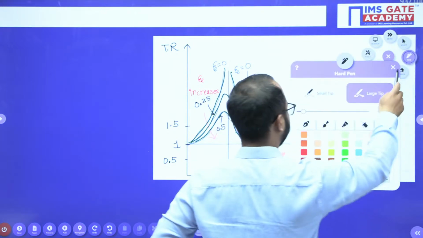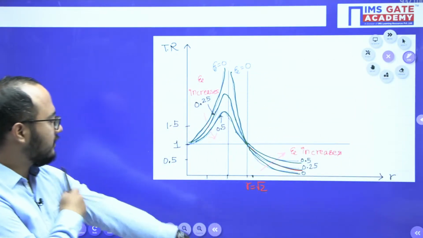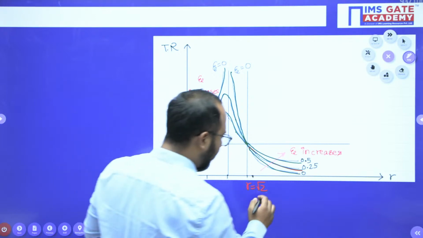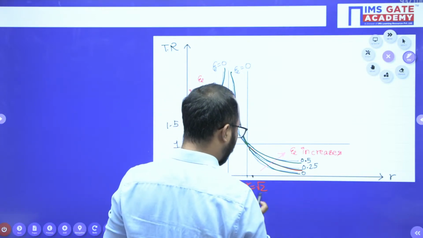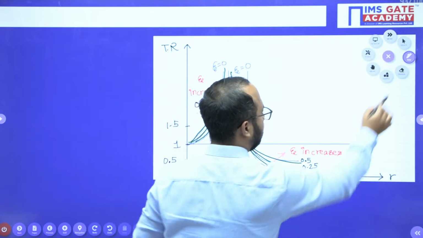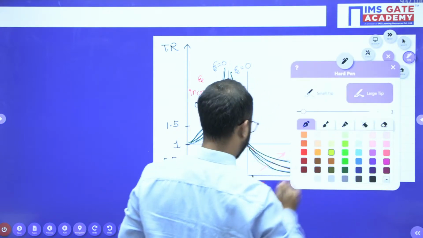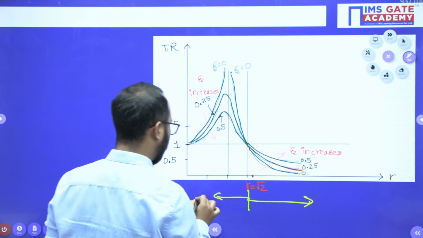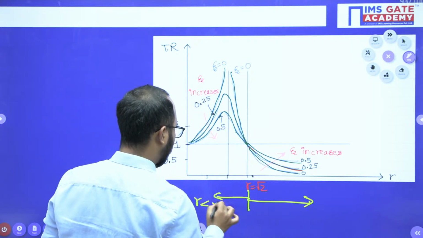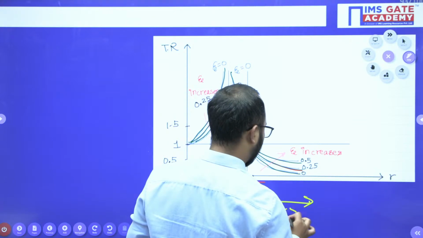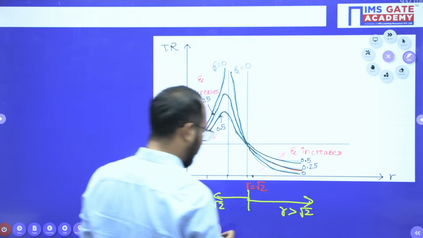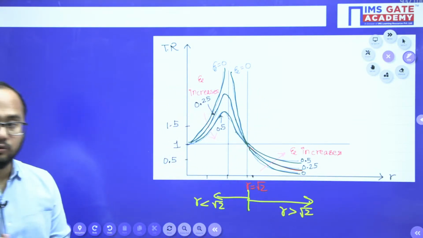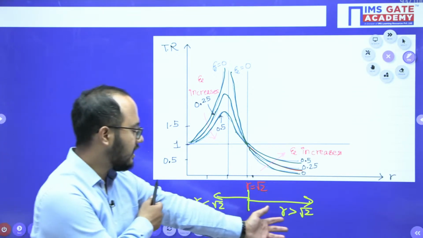Now see, there are two regions actually: R less than root 2 and here R greater than root 2. Two cases will be there and you need to understand in which case what is happening.